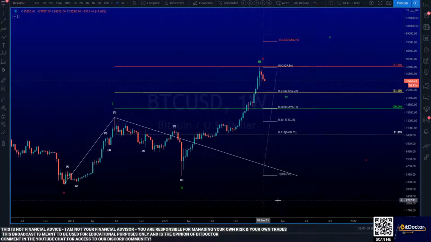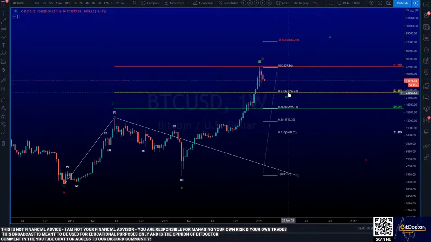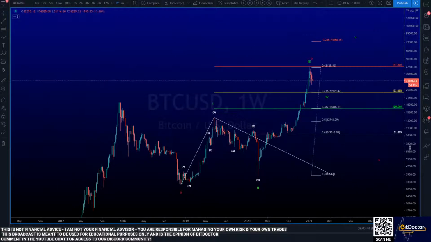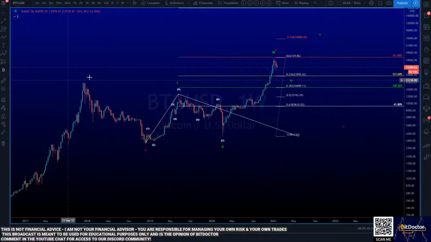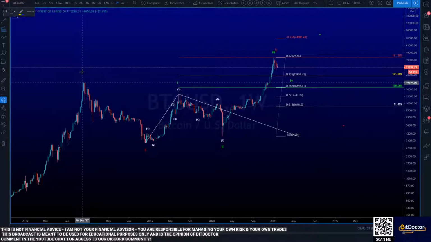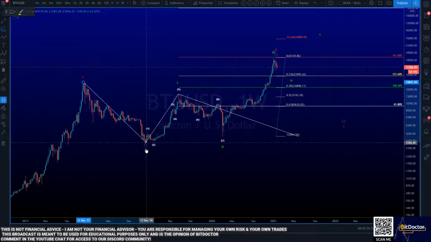All right. I think this is what's happening with Bitcoin. I think we're going to get this pullback. Again, I have to keep the scenario that this is an A, B, because we went to that negative 382 and then we go down for the C. Now, where would that take us? Let's just humor this for a moment. Trend-based fib extension off the top to the bottom.